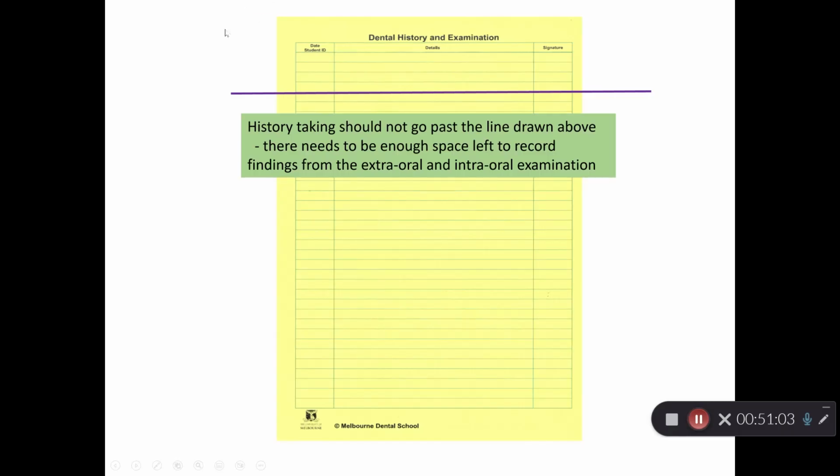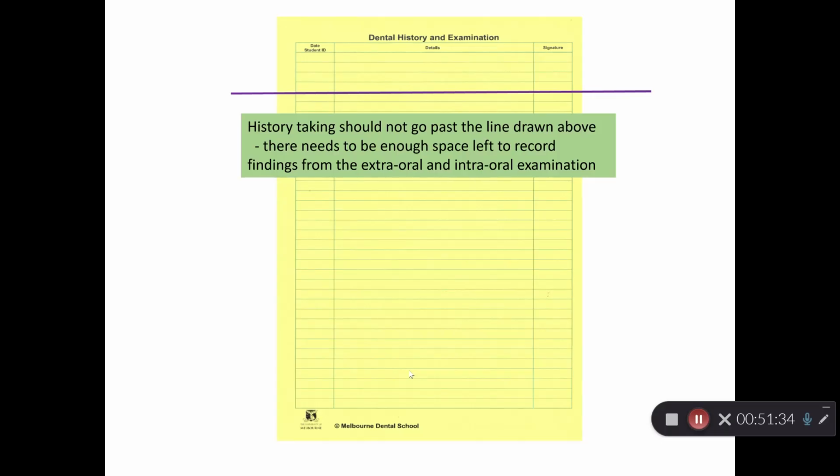My advice is don't go any further with family and social history than the top 4 lines. Even better, like I managed to on the previous slide, I got the family and social history completed on that first page. But don't go any further than this, because you won't have enough room on the rest of the page to write your findings from the extraoral and intraoral examination.